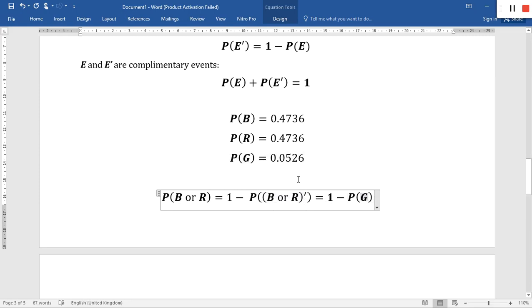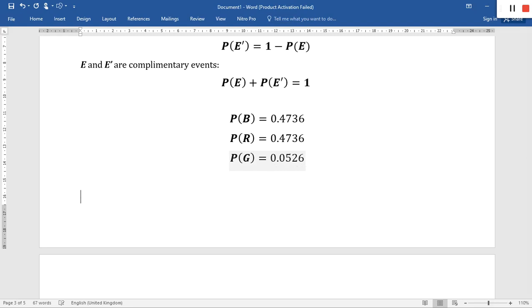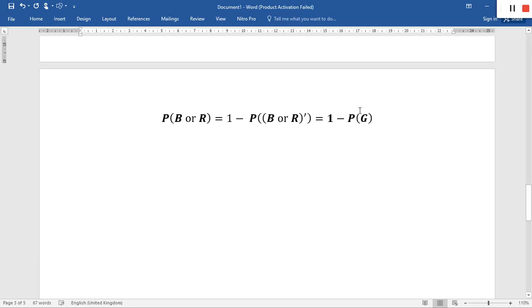All right, so in that case, we're going to be subtracting 0.0526 from 1, and that will give us, let's go to the next line.